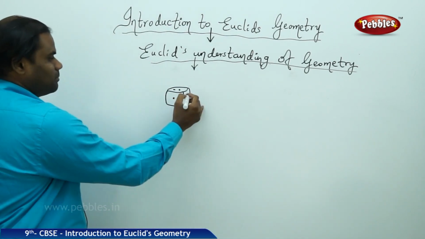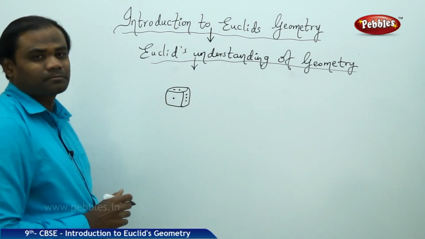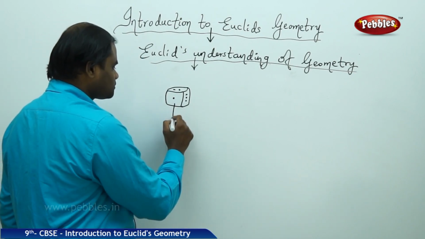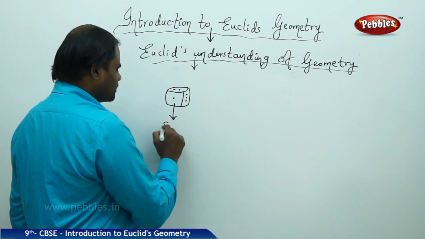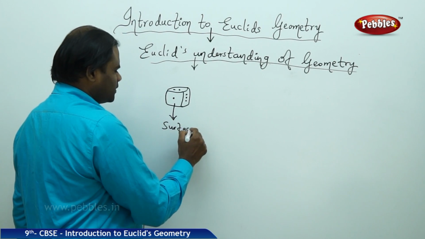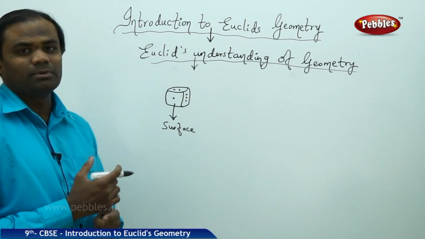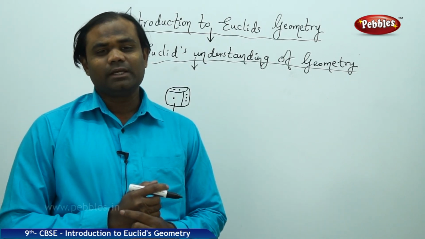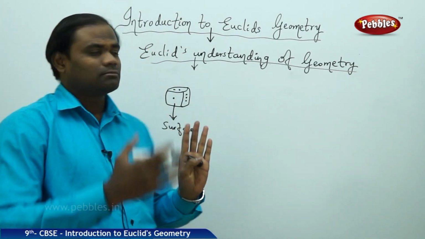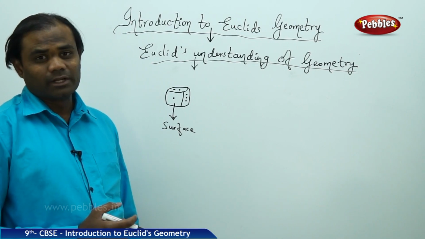So I take the example of a die in which each face of the die is called a surface. Euclid took each face to be a surface, and each surface is nowhere related to the other surface.